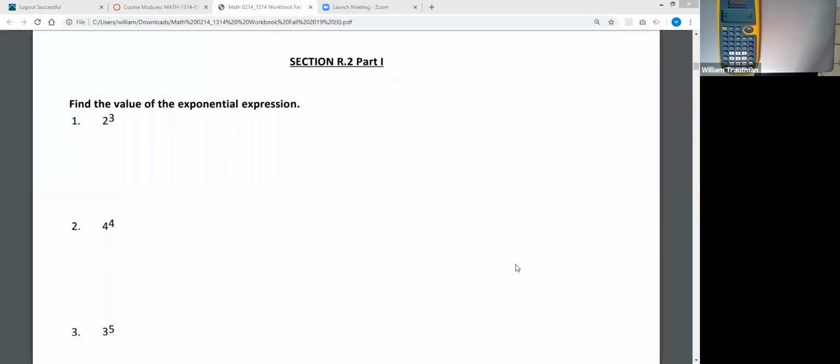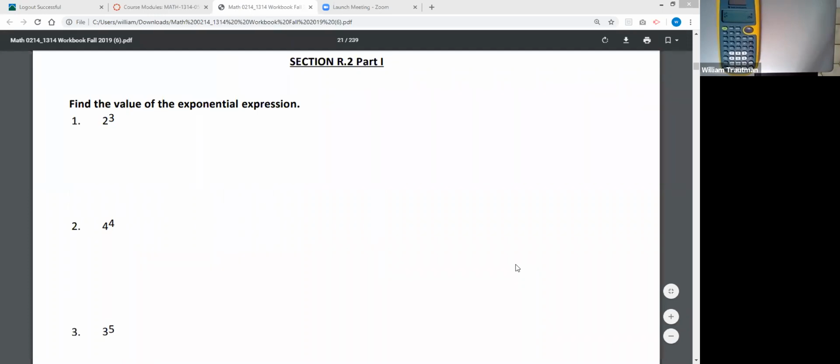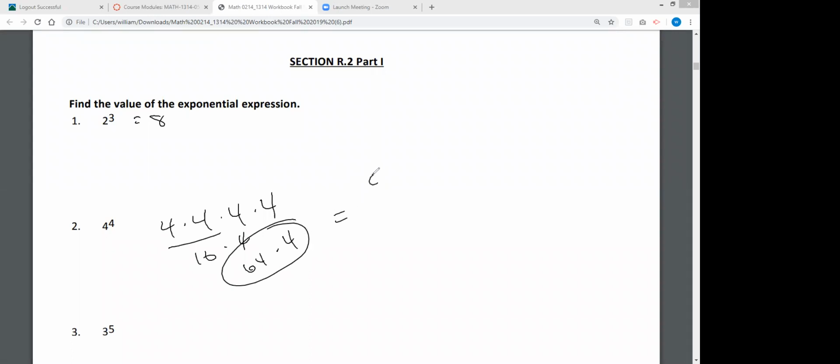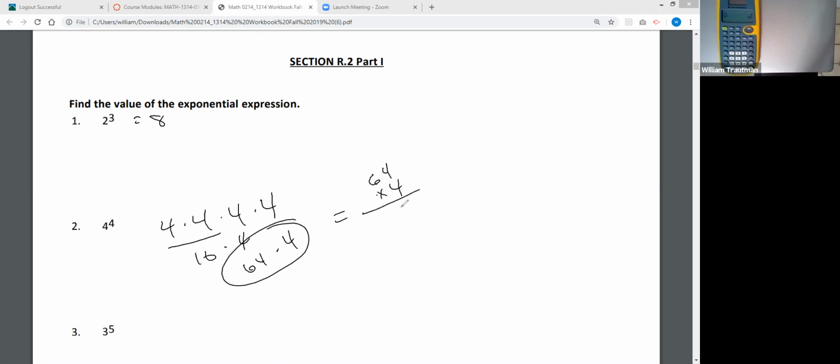We said this was 8. And 4, 4, 4, 4. 4 times 4 is 16. 16 times 4 is 64. 64 times 4 is 256. There we go. I had to multiply it this way. I can't do it sideways. 256. Thanks.